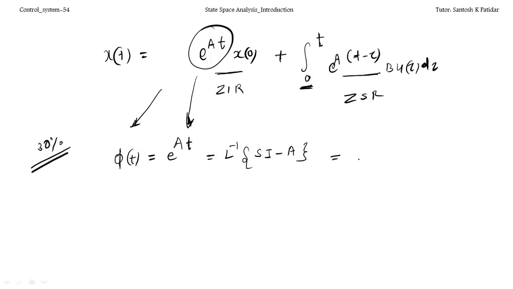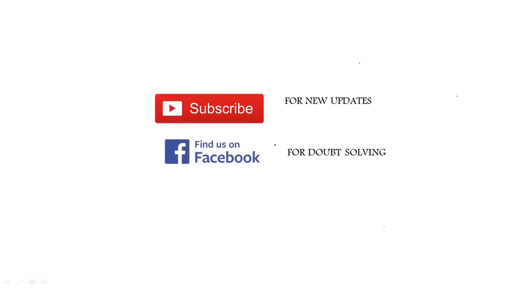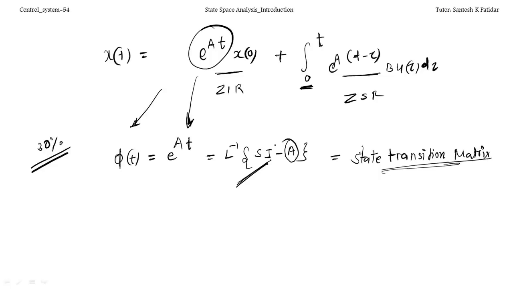This I call the state transition matrix. Very important. So they can ask to find the state transition matrix also. They will give you information like the state equation. From the state equation you will take the A, put it in this formula, and easily you can find it out, isn't it?